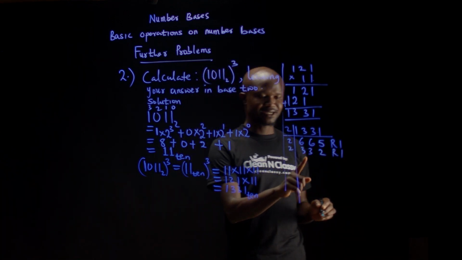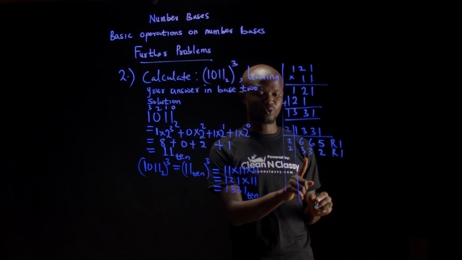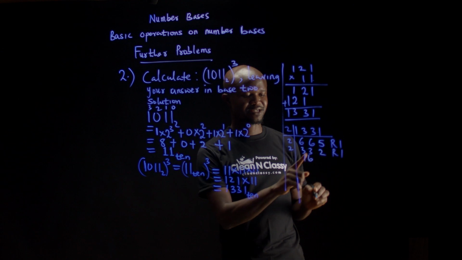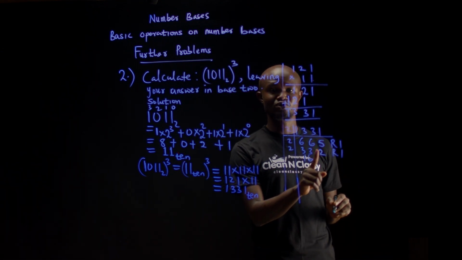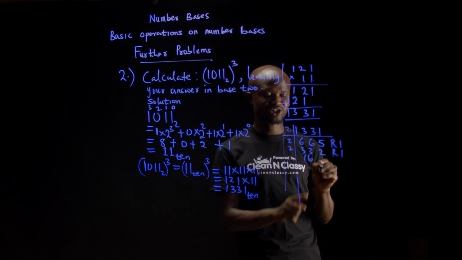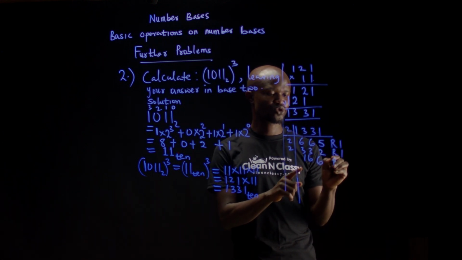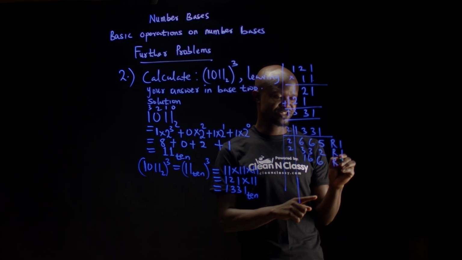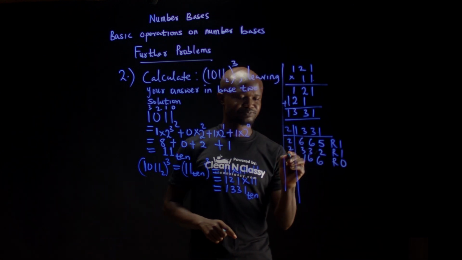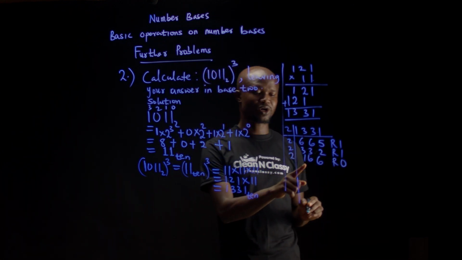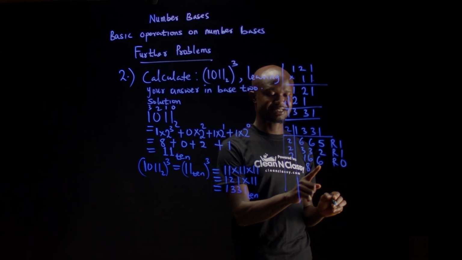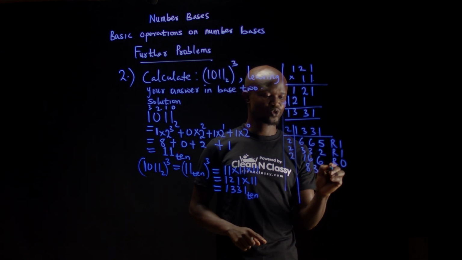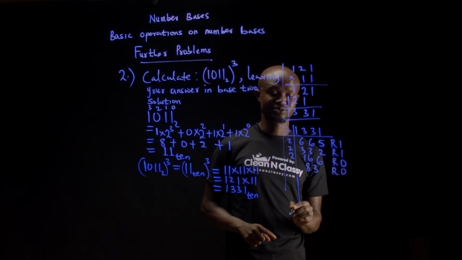Now, 33 divided by 2 is 16, remainder 1. We put that 1 in front of this 2, we have 12. 12 divided by 2 is 6, no remainder, that's 0. Now, dividing by 2, 16 divided by 2 is 8, and 6 divided by 2 is 3, so we have remainder 0.